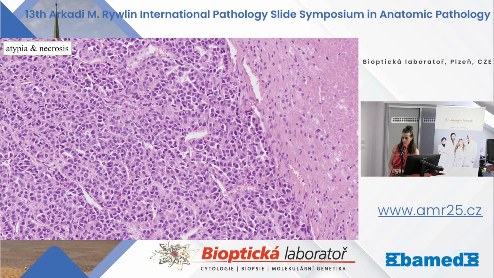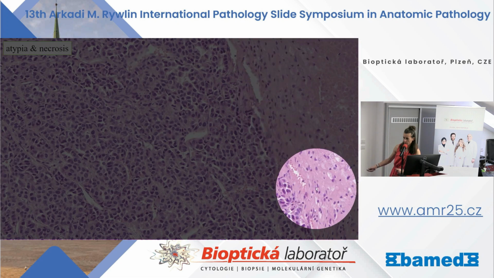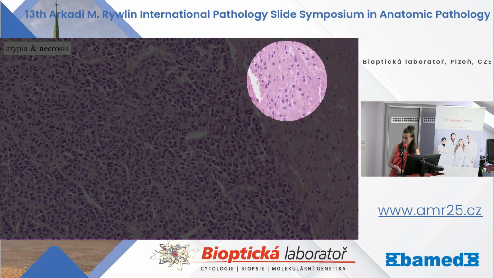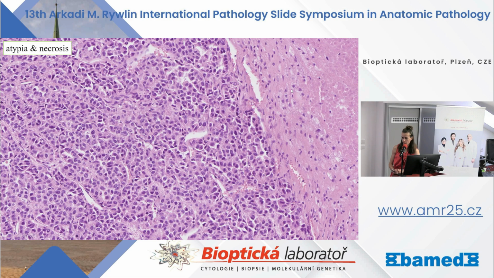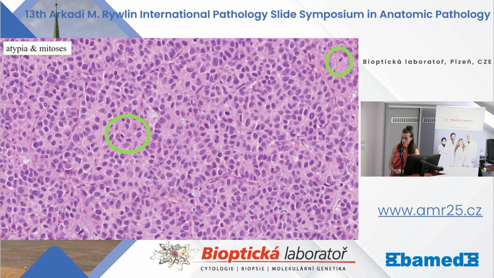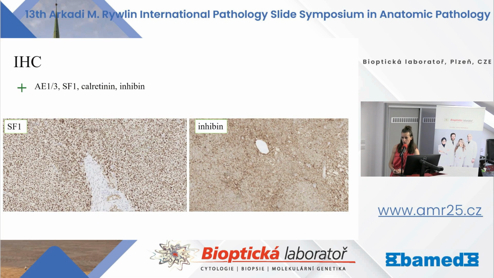This is more or less the same view of the viable part together with tumoral necrosis on the right hand side of the picture. There was also quite brisk mitotic activity going up to 8 mitoses per 10 high power fields.